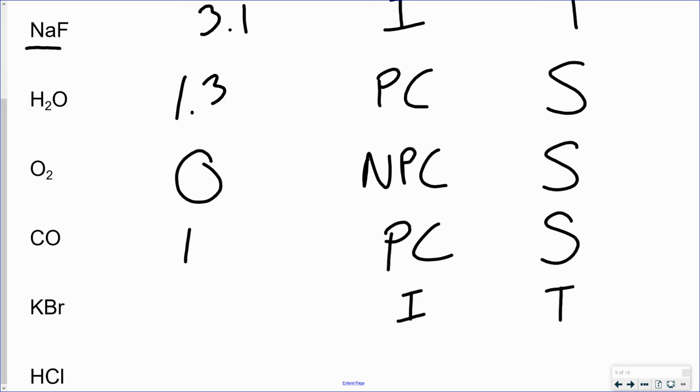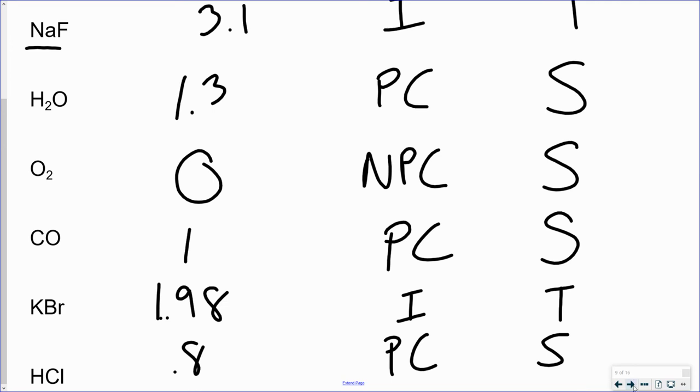It is ionic. And now for the difference, Br is 2.8, K is about 0.82, so that makes it 1.98. Finally, hydrogen, again non-metal, chlorine, non-metal. The difference is 0.8, which puts it as polar covalent and puts it as sharing.